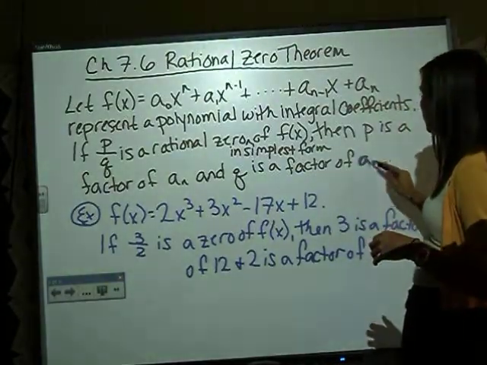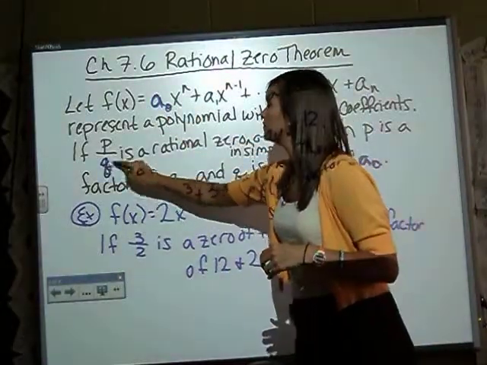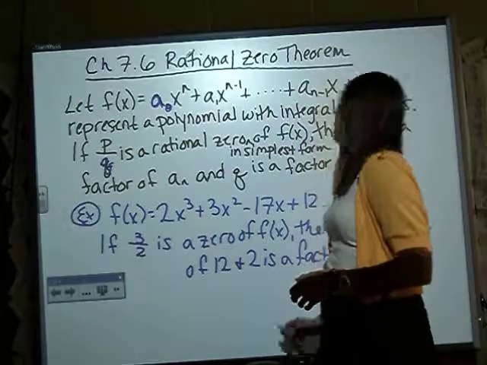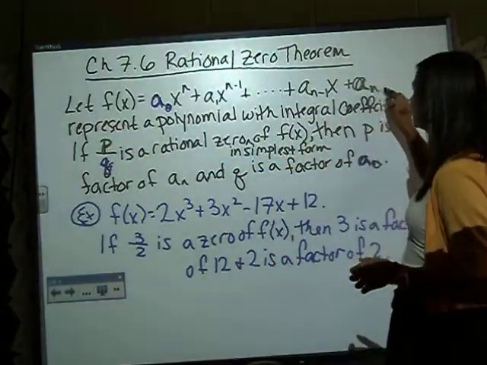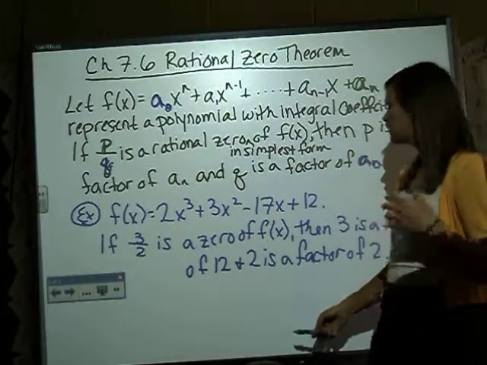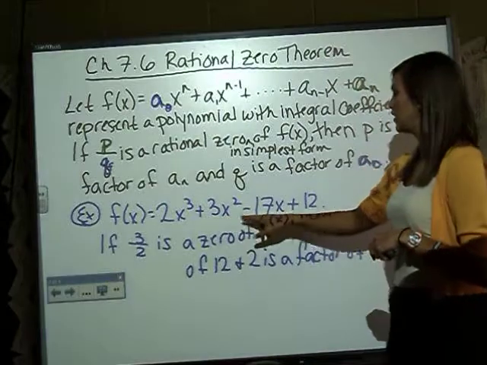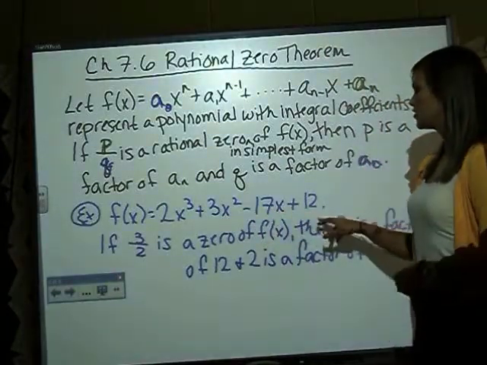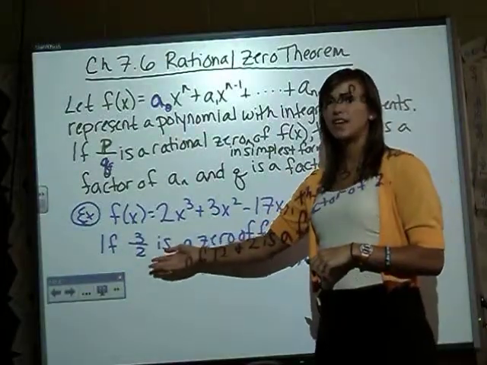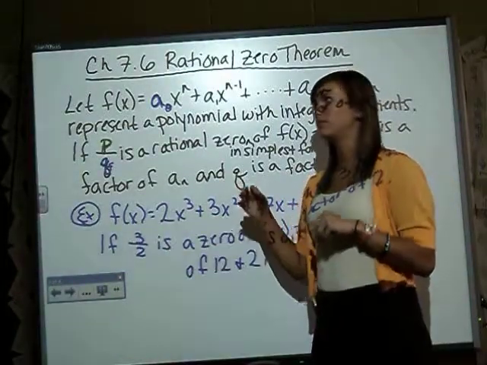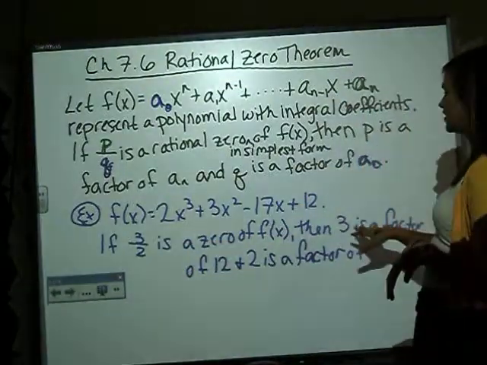Okay, so q goes with this one, and then our p goes with our constant at the end. Okay? So for example here, if we have this polynomial, 2x cubed plus 3x squared minus 17x plus 12, and we're given that 3 halves is a zero, then we can see here that 3 is a factor of 12.